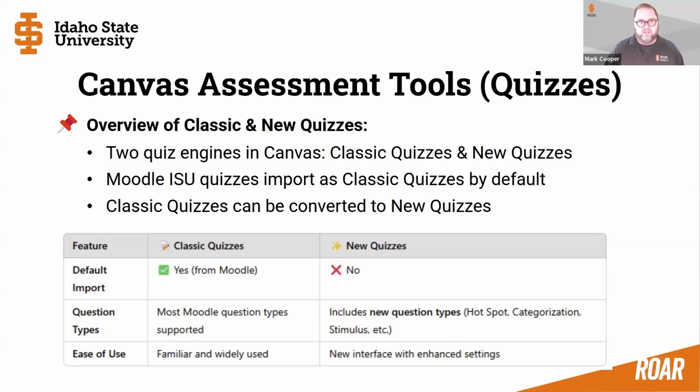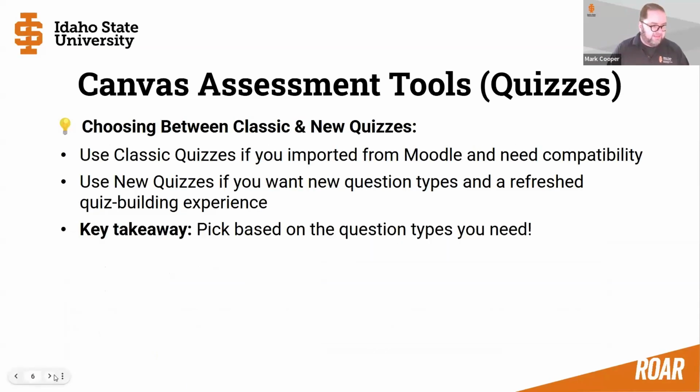But if you're looking to add some interaction or some variety to your quizzes, then the new quiz might be a better choice. So ultimately, that decision comes down to the features and the question types that you want to utilize. So pick based on your need.